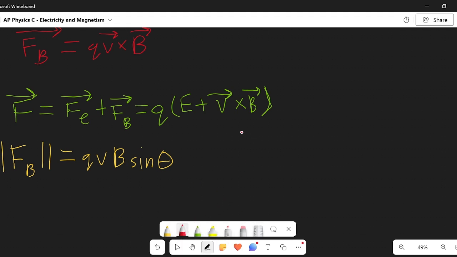So if we isolate B over here, B is going to be equal to the magnitude of force divided by qv sine theta, right? So B is going to be in Teslas, right?